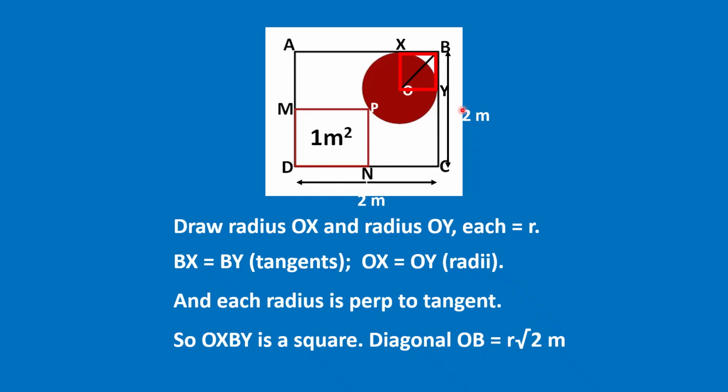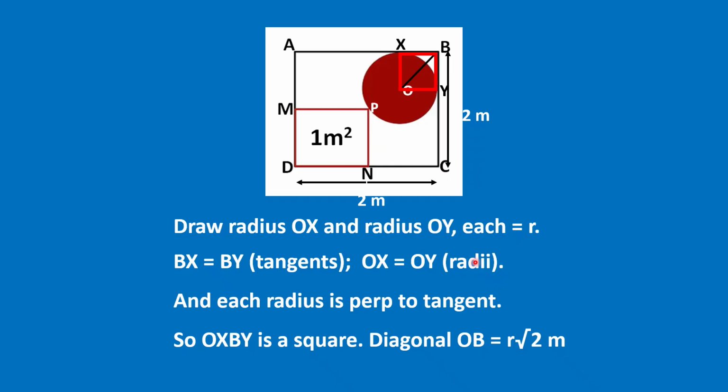So this is a square because a tangent and a radius are always perpendicular to each other. OX will be perpendicular to the side AB and OY will be perpendicular to the side BC.